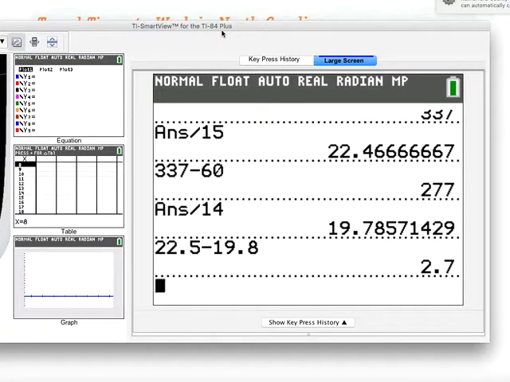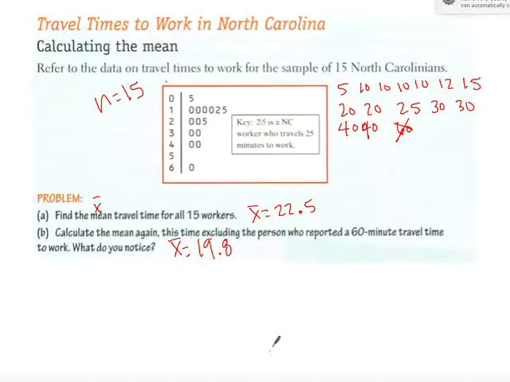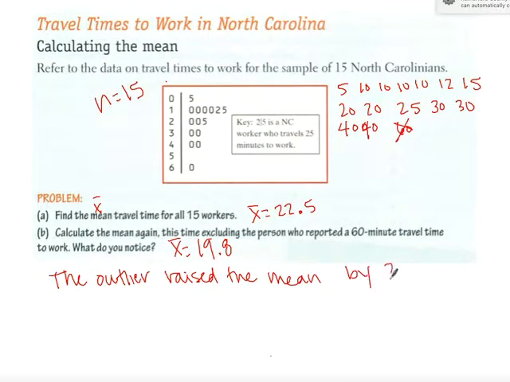What that means is that that one particular observation raised the mean by 2.7 minutes. So you might say the outlier raised the mean by 2.7 minutes.